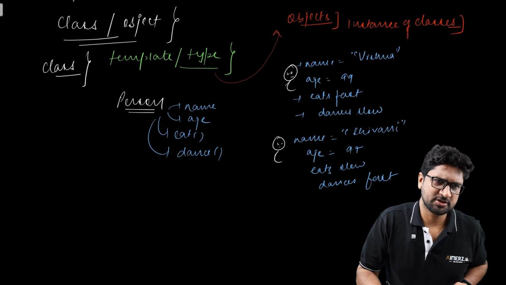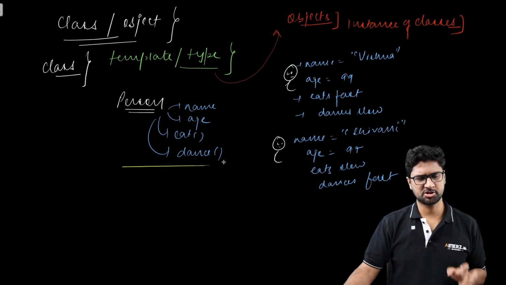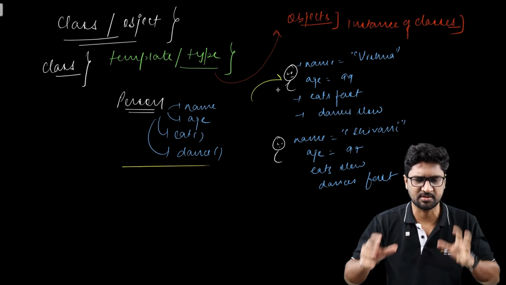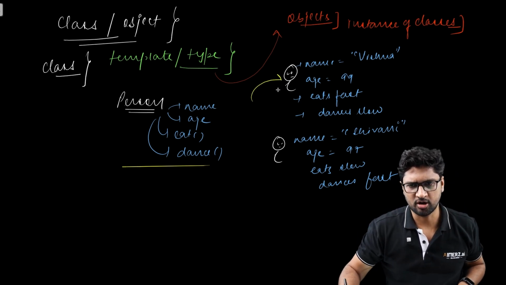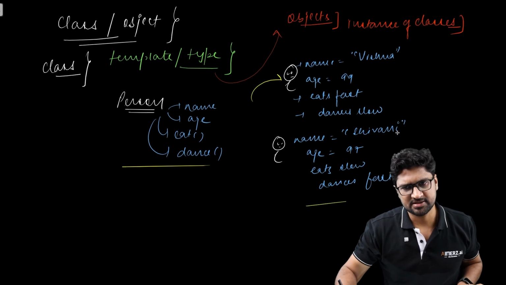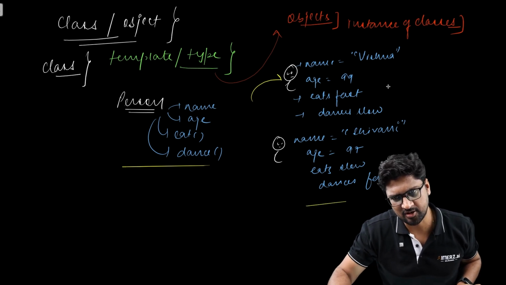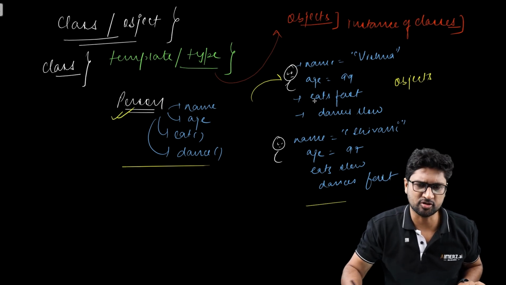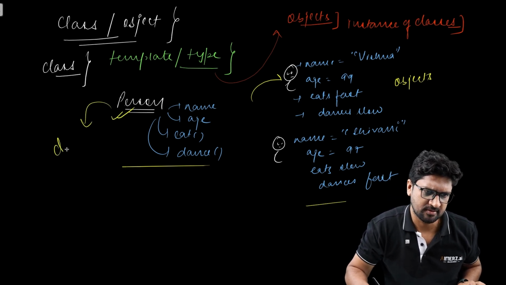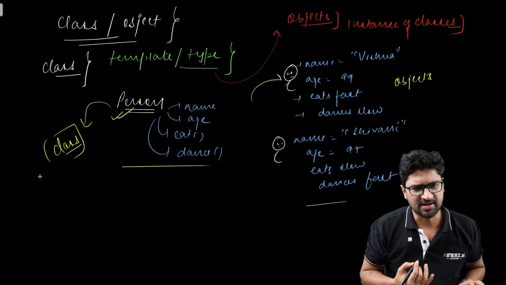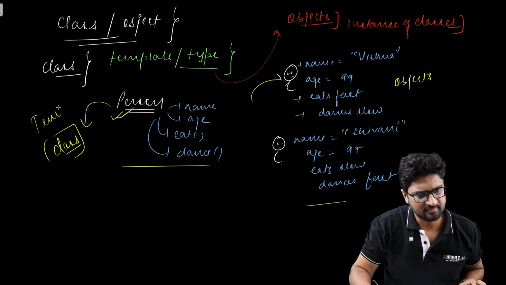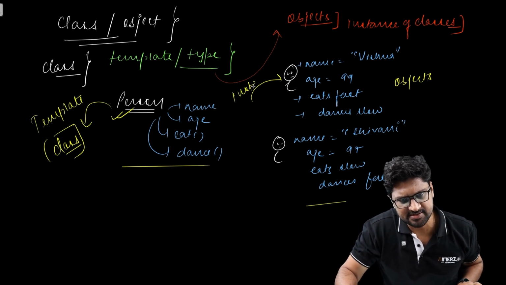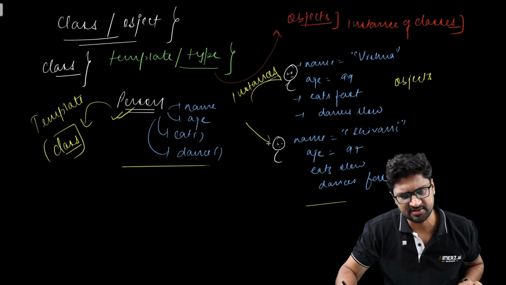So I know that every person should have a name and age, they can eat, they can dance, and when I talk about specific persons, Vishwa, age 99, or Shivani, age 97, these specific instances are called objects. And this template from which these objects are created is called a class. So classes are basically the template, and objects are basically the instances which got created from the class. These are the instances.